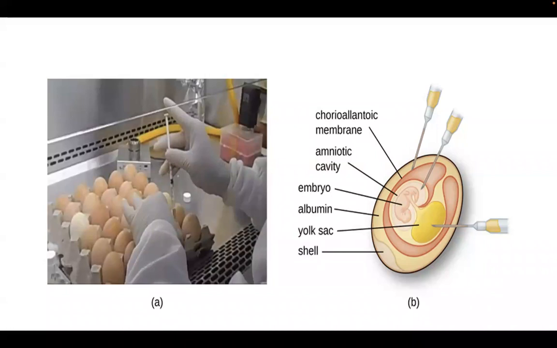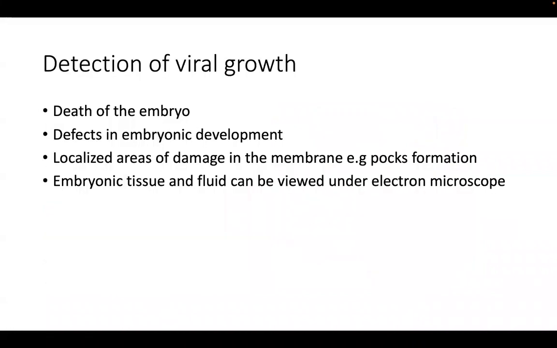And once it is harvested, detection of viral growth is based on death of the embryo or defects in the embryonic development, or you can see damage in the membrane. For example, on the chorioallantoic membrane with the smallpox virus, you will see pox formation.